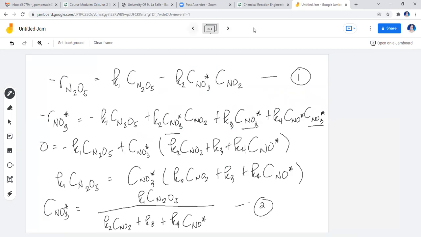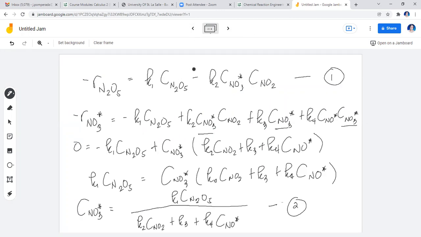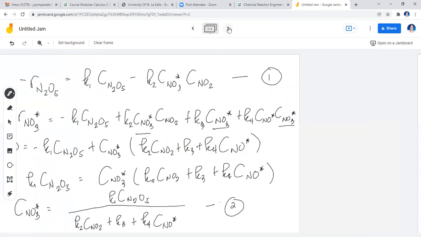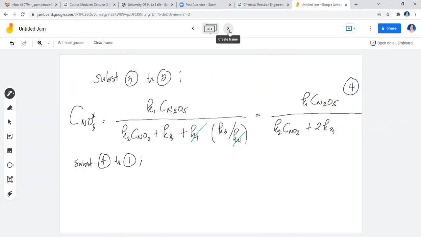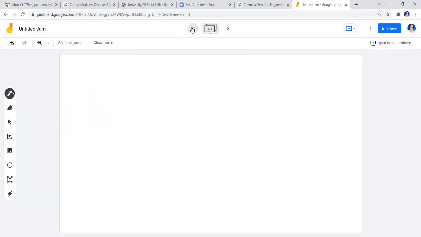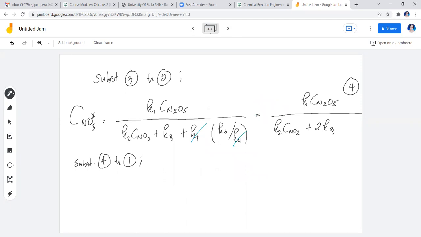So going back to our first equation, K1, concentration of dinitrogen pentoxide. So we have the rate of reaction based on dinitrogen pentoxide is equal to K1 C N2O5.